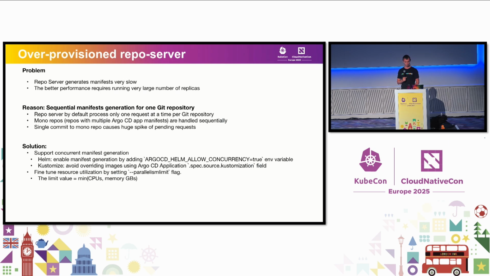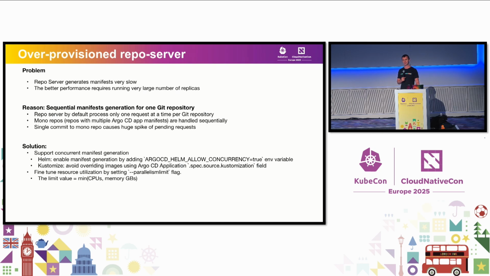Another known problem is that repo server is configured, by default, not to process multiple requests for a single application in a single repo. The reason is that sometimes there are side effects. Historically, just in case, repo server is configured to only process one request at a time.